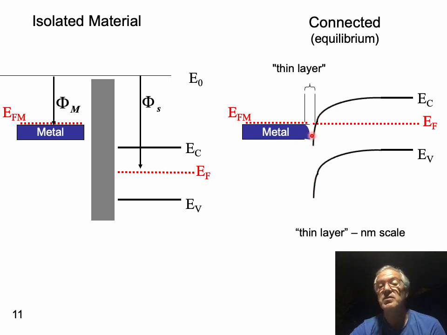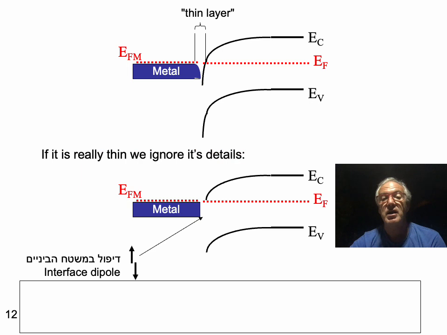And many times we ignore all these details of what's happening here. What we do is we say that when we try to place the metal above the conduction level, or the same would be if we try to place it below the valence band, a dipole is formed, and the dipole is simply the charges that accumulated at this interface, which have left the metal.